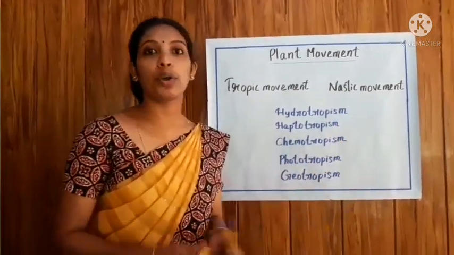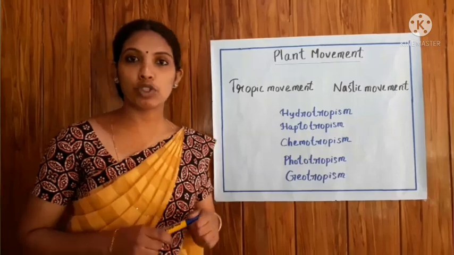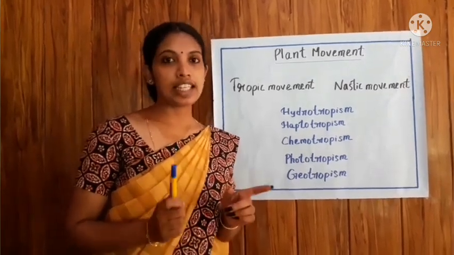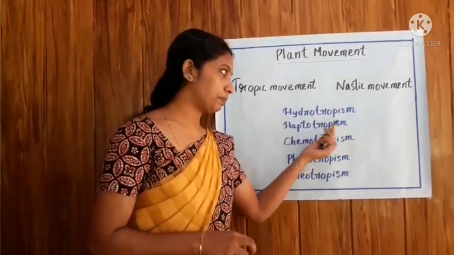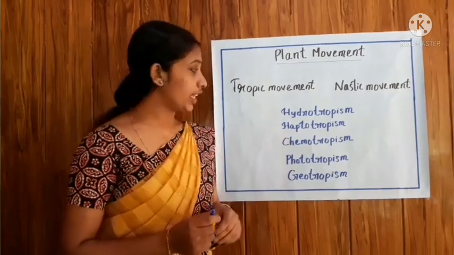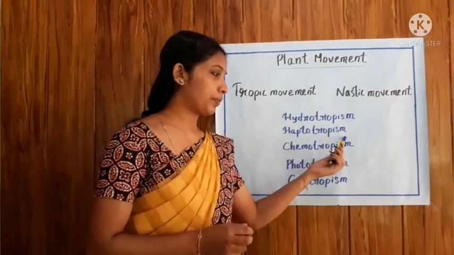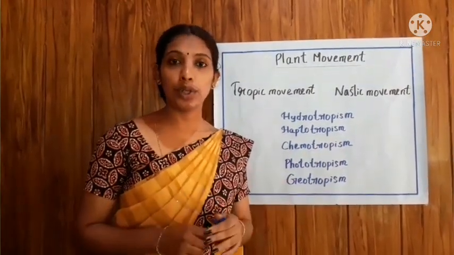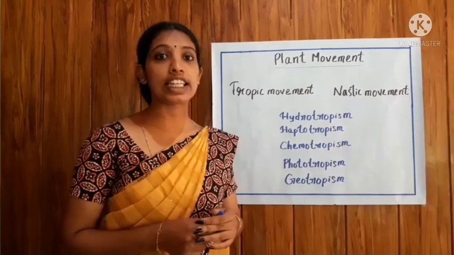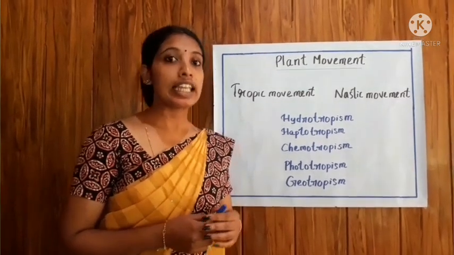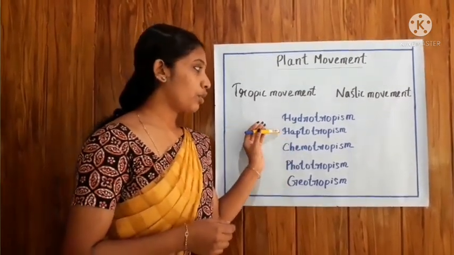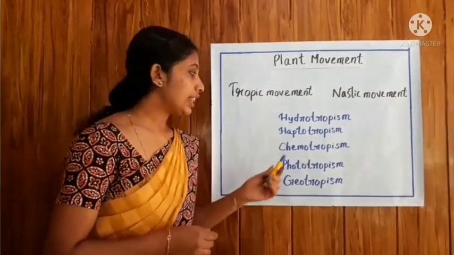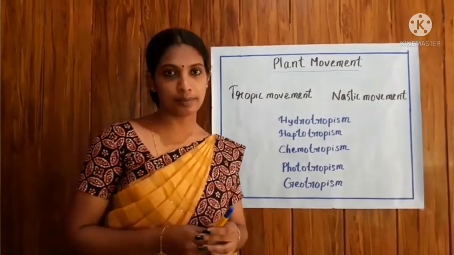The movement or growth of plant parts in response to the stimulus water is known as hydrotropism. Second one is haptotropism. If the growth or movement of plant parts is in response to the stimulus touch, it is known as haptotropism. Third one is chemotropism.